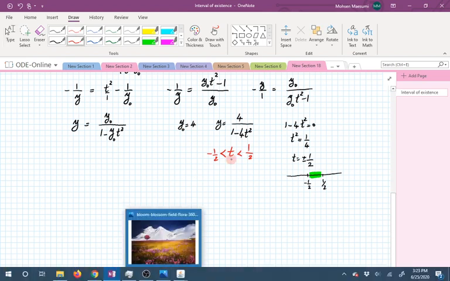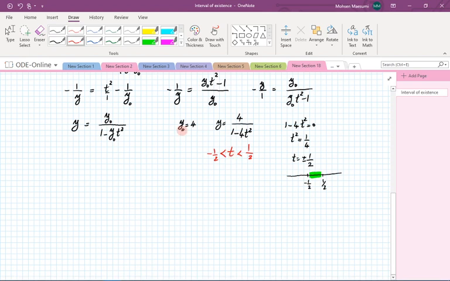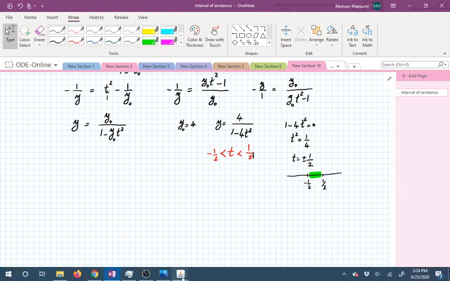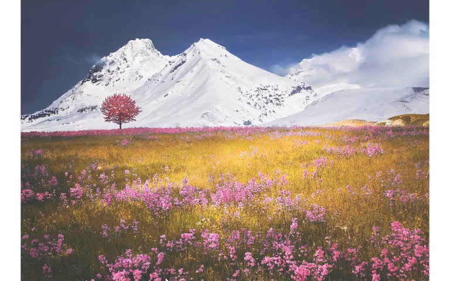I want you to tell me for any y0 what is on the right hand side and what's on the left hand side of this inequality. That would have been the domain of existence. And there's a little bit of extra fine print that you need to pay attention to. So again, pause this video and try to answer it yourself.